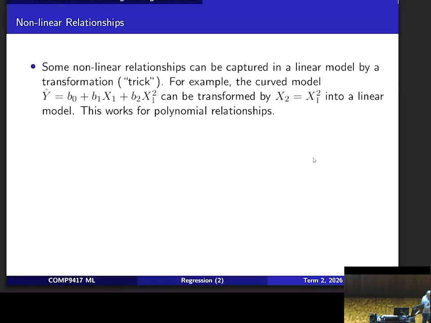But if that is true, well, okay, let me rephrase that. If the data itself is not such that you can easily find that relationship, you can do what's called data transformation or feature engineering, and you can change the input data to a new data set where the model is linear.